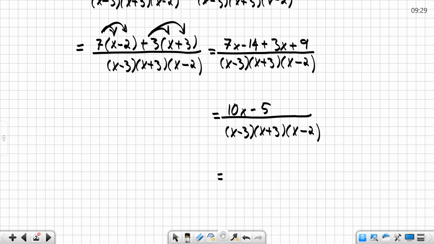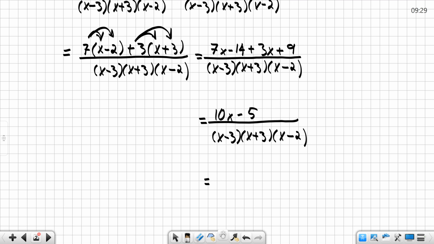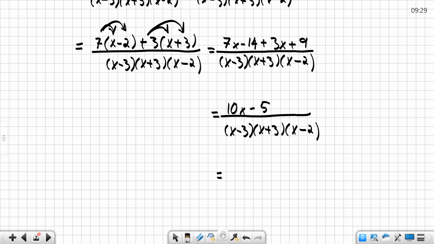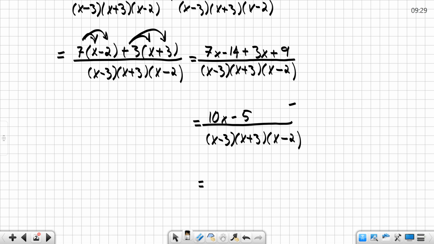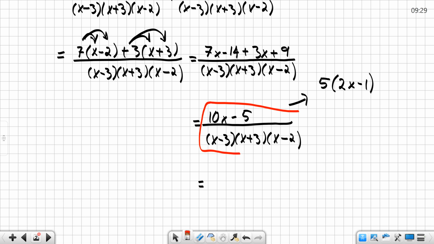And that means that we are done. The 10x minus 5 can be factored, but it would be just 5 times 2x minus 1. Now, there wouldn't be any common factor with the denominator. That means this long one right here is, in fact, our answer.